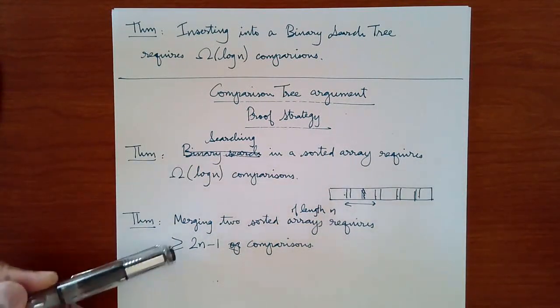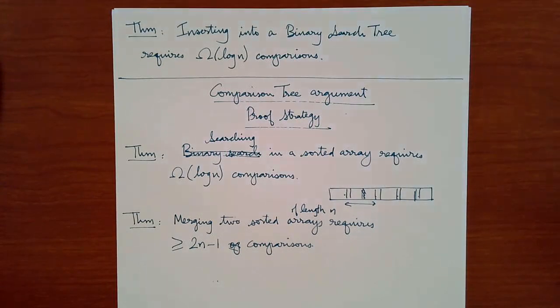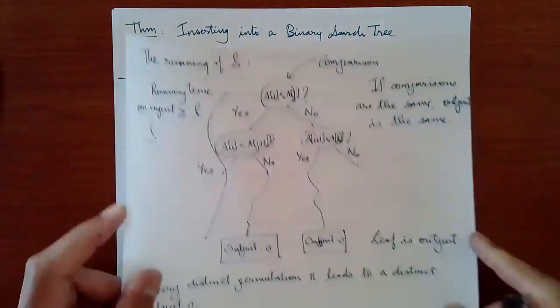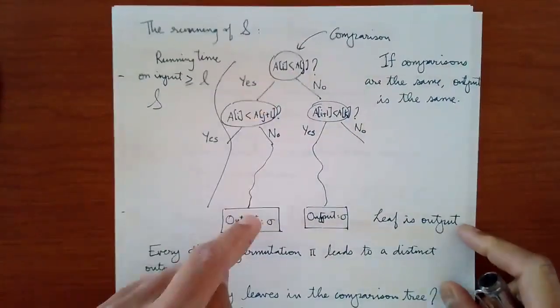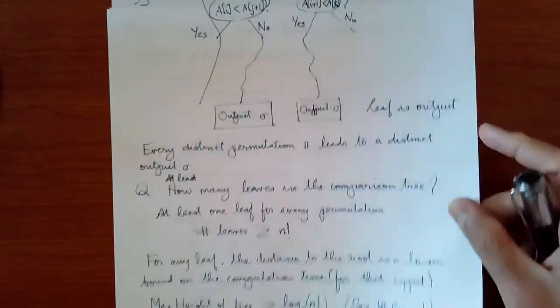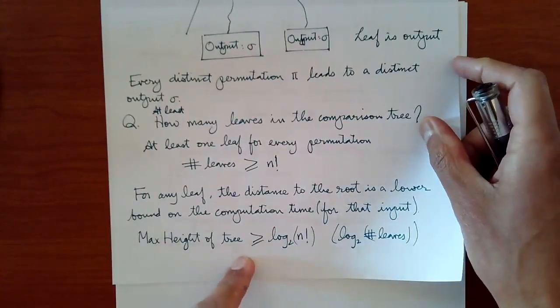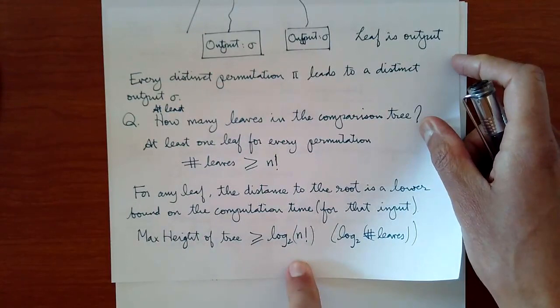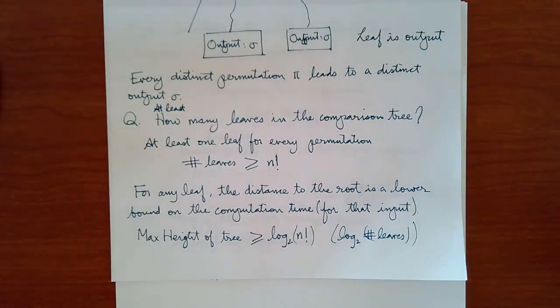And again, the same style of argument. So what is the style of argument? Let me draw the comparison tree again. You kind of build a comparison tree. You track the comparisons, and then you argue how many leaves there are, and then you bound the height of the tree by log of the number of leaves. Indeed, this is almost telling you where log n for binary search is coming from.